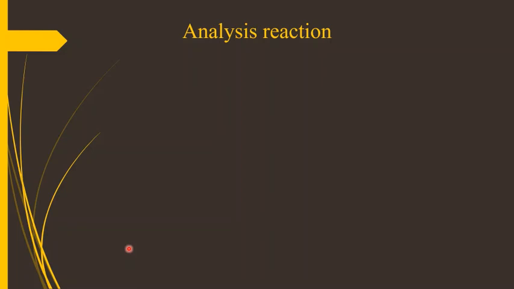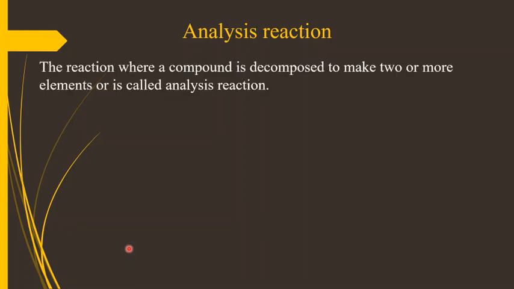But in analysis reaction, after decomposing one compound, 2 or more elements are produced. No compound is produced there. The reaction where a compound is decomposed to make two or more elements, it is called analysis reaction.